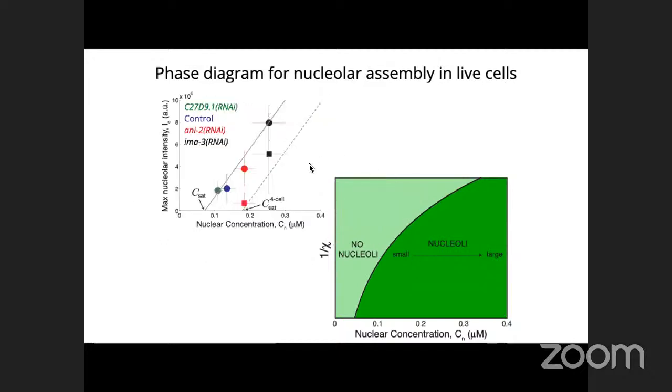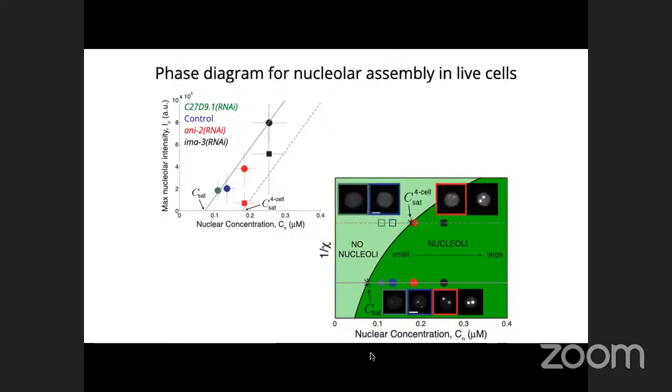But what I can do is make this semi-quantitative by using the experimental data for the x-axis. At the 8 cell stage, the saturation concentration is something, and all of the cells are above that, so this gray line here is equivalent to this gray line here, as if it's coming out at you.